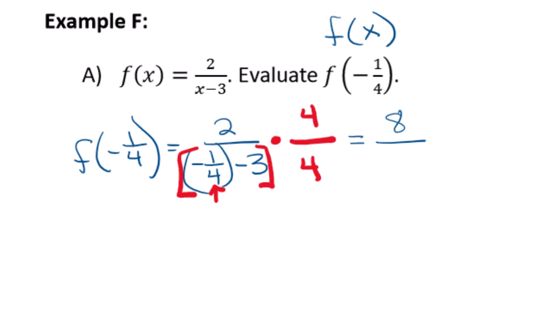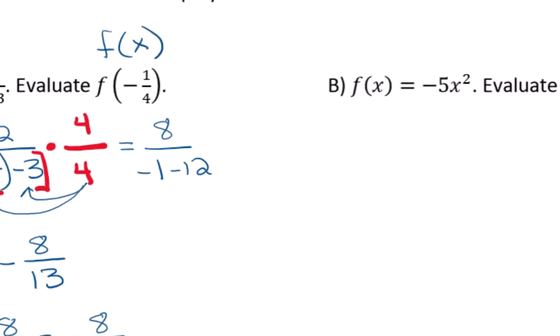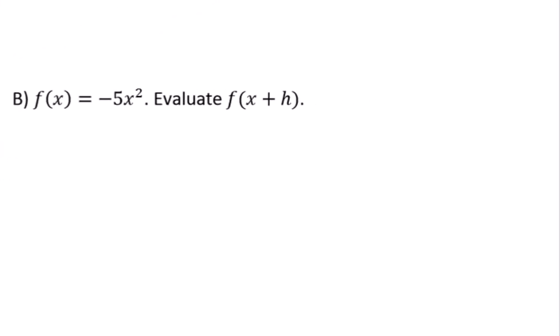In the denominator, when we distribute 4 times a negative 1/4, the 4s will reduce, and we're left with a negative 1. And then 4 times the negative 3 would give us a negative 12. So f of negative 1/4 would give us a negative 8/13.